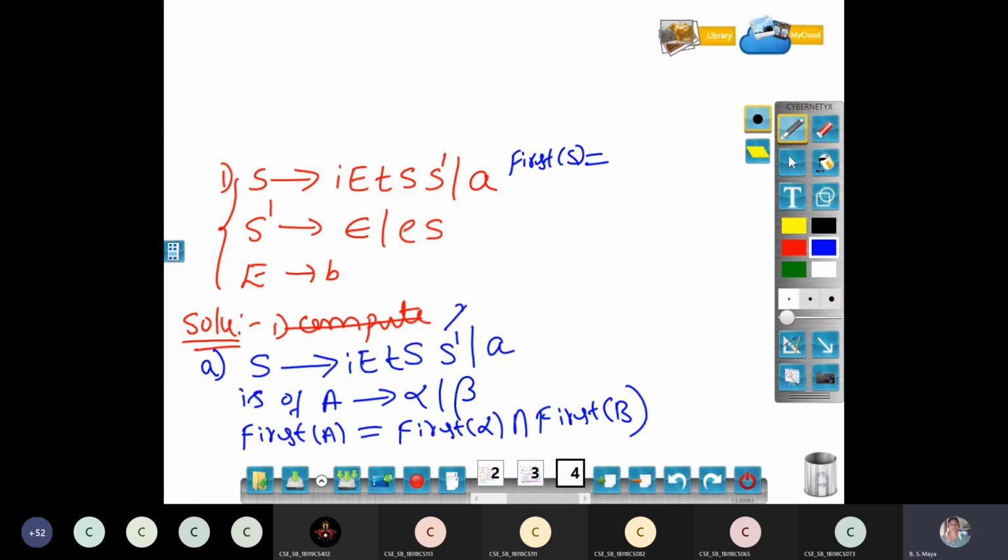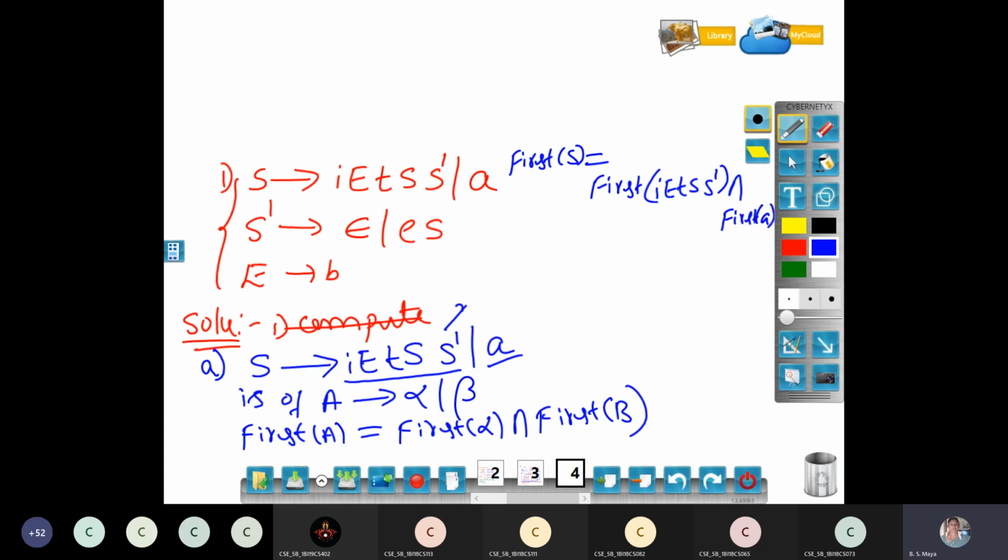First of S: first of iEtSS', which is alpha, but you can try directly for alpha, intersection with the second one.